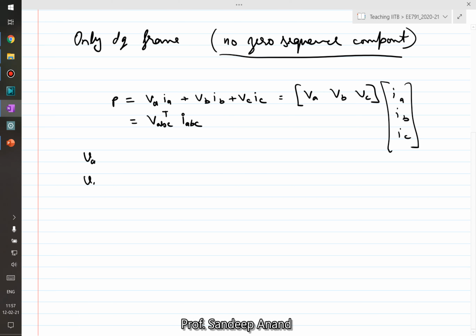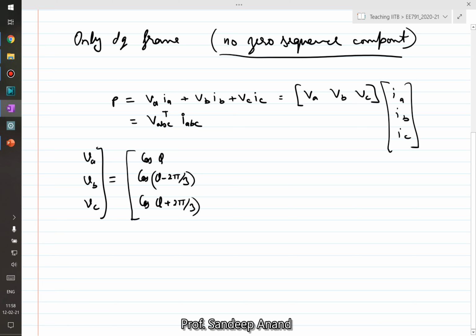VA, VB, VC is equal to the matrix: cos theta, cos of theta minus 2 pi by 3, cos of theta plus 2 pi by 3; minus sine of theta, minus sine of theta minus 2 pi by 3, minus sine of theta plus 2 pi by 3, multiplied by VD and VQ.